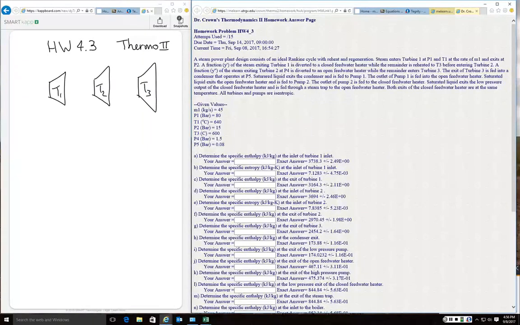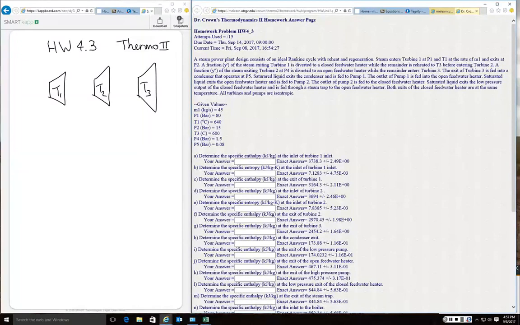And we find out that the reheat is between turbine 1 and 2. So we see here that a fraction of the flow is diverted at the exit of turbine 1 into a closed feed water heater, while the remainder is reheated to T3 before entering turbine 2.